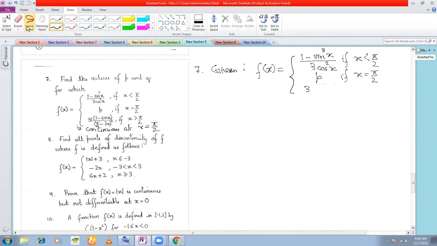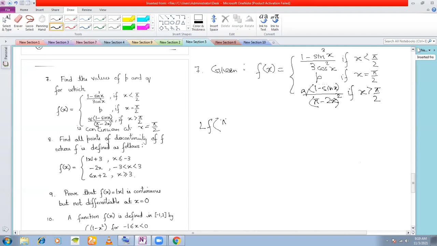and is equal to q times 1 minus sine x divided by pi minus 2x whole square if x is greater than pi by 2. Okay, and it is given to you that fx is continuous at x is equal to pi by 2. So we find out the left hand limit.